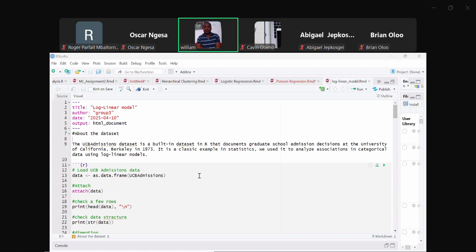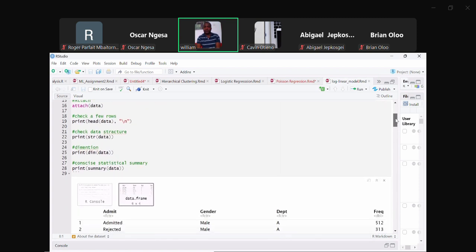The UCBAdmissions dataset is an inbuilt dataset in R that documents graduate school admission decisions at the University of California, in 1973. It's an old dataset, classically used for log linear models. It's a classical example in statistics. We use it to analyze association in categorical data using log linear models.